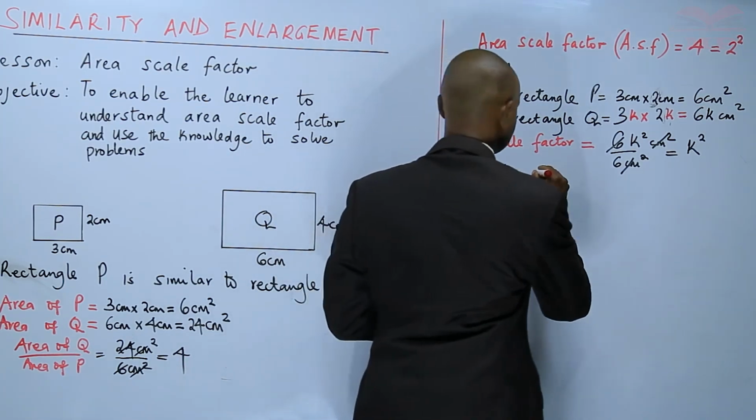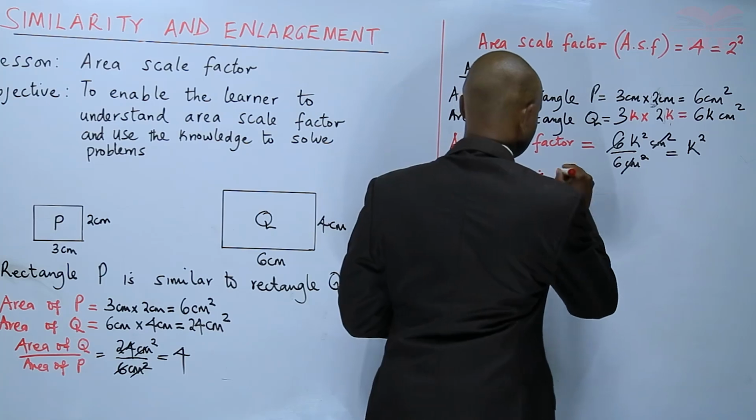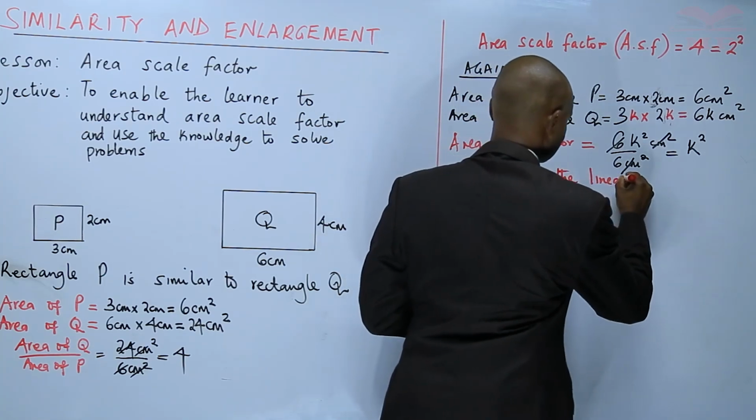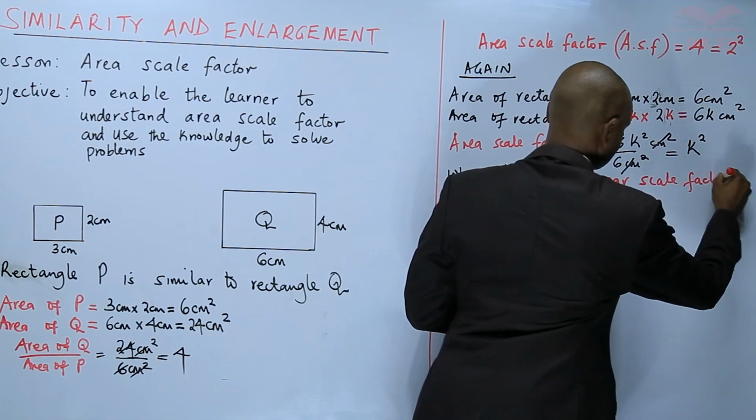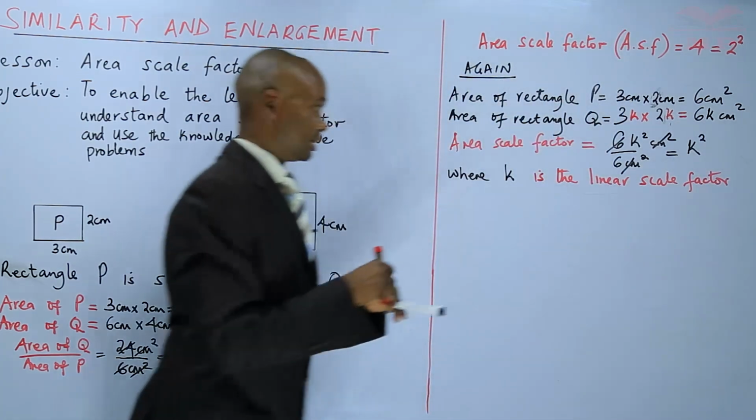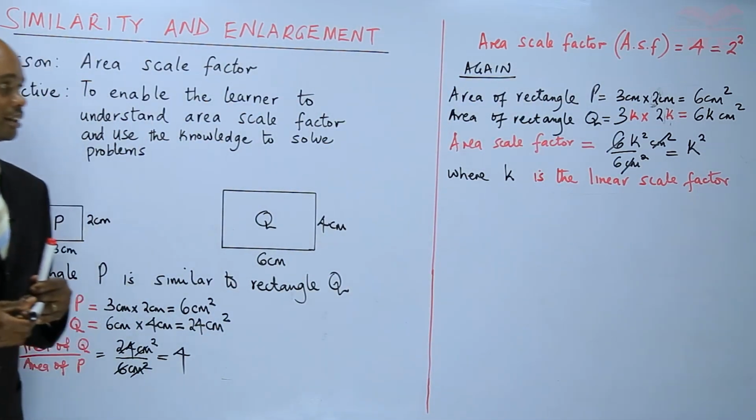It equals K squared, where K is the linear scale factor.